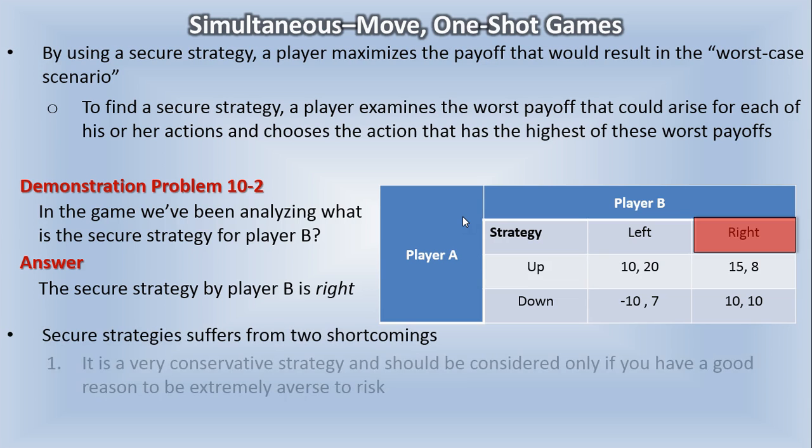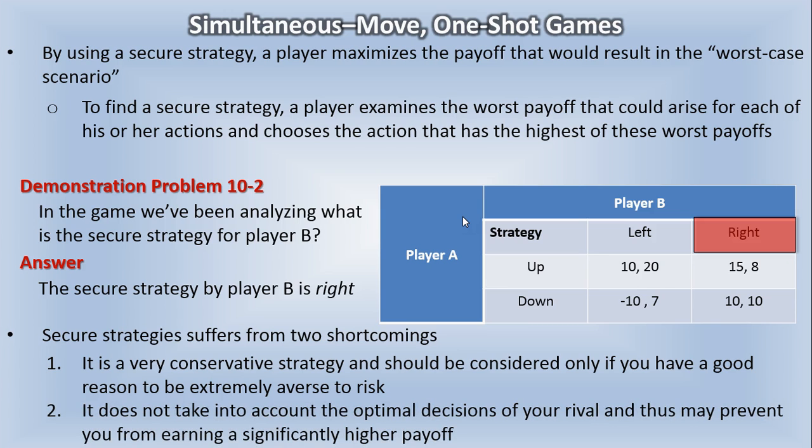Secure strategies suffer from two shortcomings. One, it is a very conservative strategy and should be considered only if you have a good reason to be extremely adverse to risk. If you are just really afraid of losing, then you should minimize the worst case scenario by playing your secure strategy.